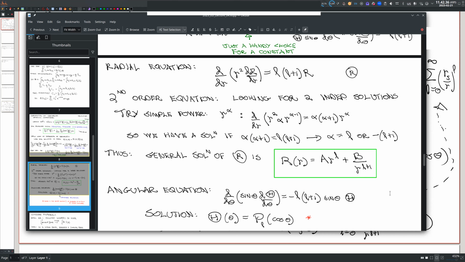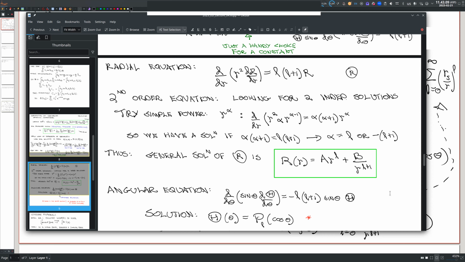Good question, good to emphasize. Here we started from the assumption that our observation point was further away from our origin of coordinates than the source.